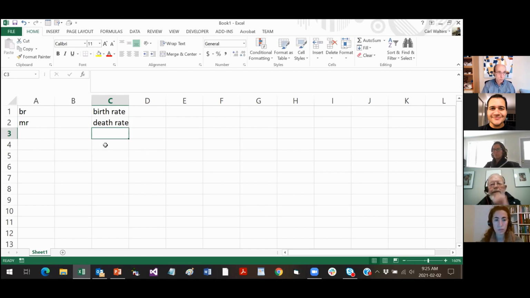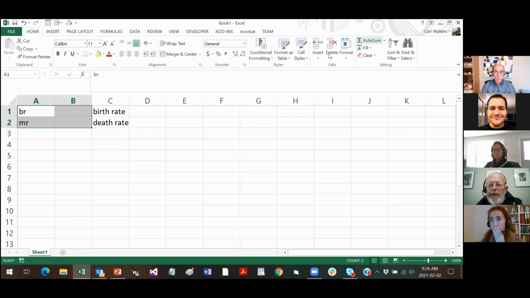Now, what I'm going to show you is a very important trick in programming in general, which is to name the cells where the parameters are going to be. And the way you do that in Excel is you select a block of cells with the parameter name to the left of the cell where you want the number.